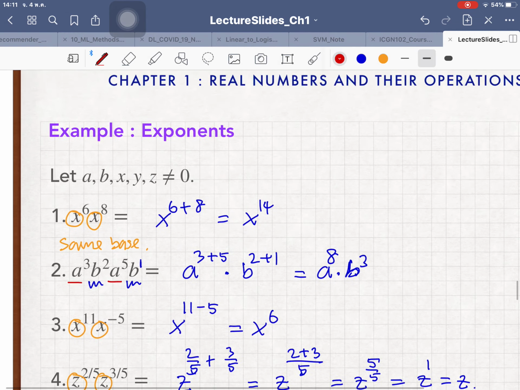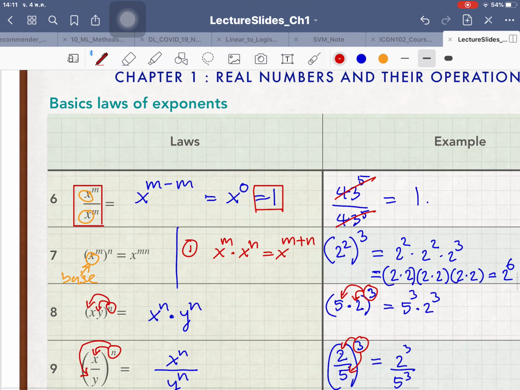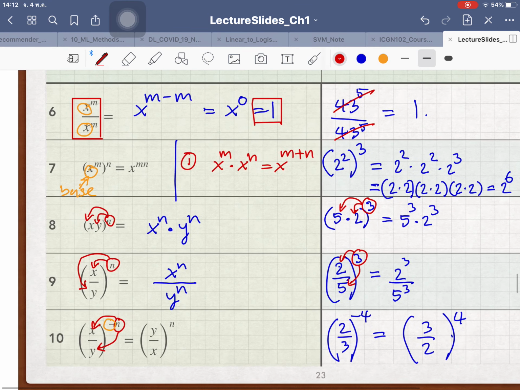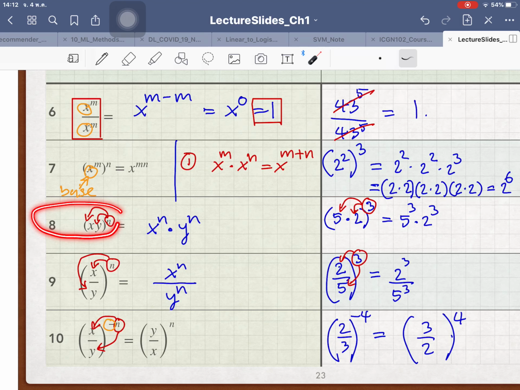Here you can apply the rule number, let me see, the rule number 7. When you take the power twice, I'm sorry, it's not that one. It's going to be rule number 8. You have the power of n outside. Now you give this power to each term inside the parentheses.